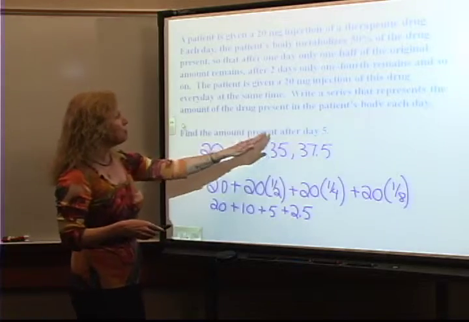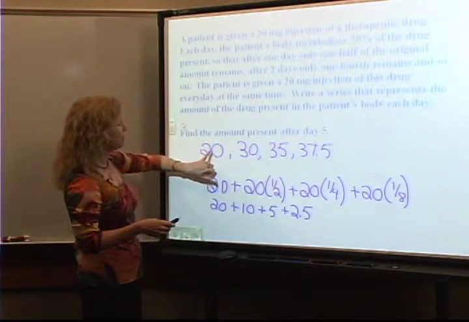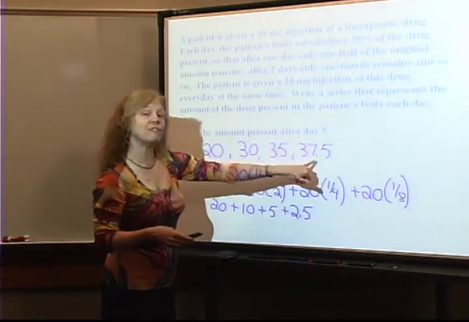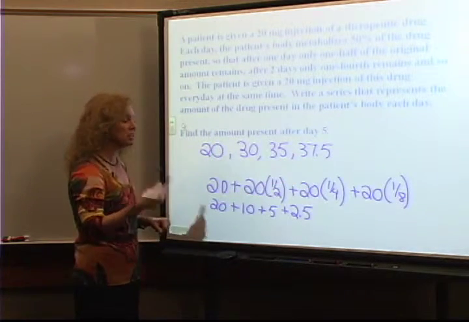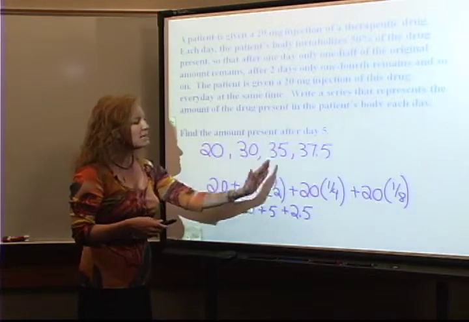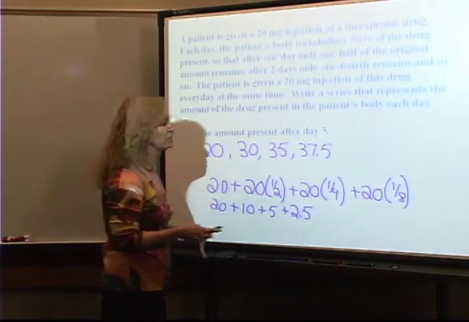Now I asked how much would be present after day 5, and we have day 1, 2, 3, and 4, so we've got to go one more time. And I think you can see the pattern that's going on here.